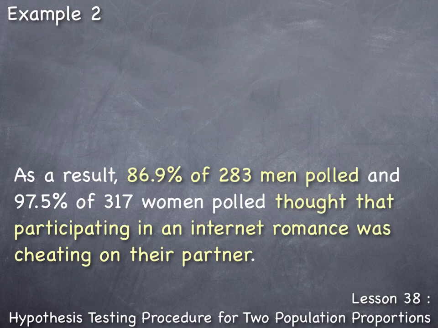So, when we find out that 86.9% of 283 men polled thought that participating in an internet romance was cheating on their partner, we know that the sample for the men, which was our first population, n1 equals 283. And that the first sample proportion, p1 hat, equals 0.869 for the 86.9%.